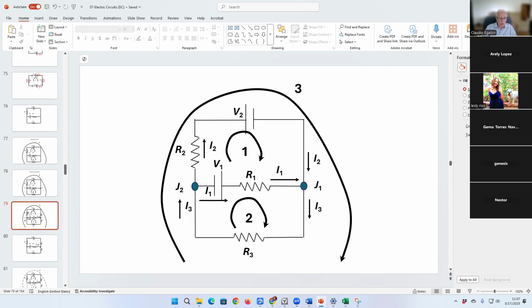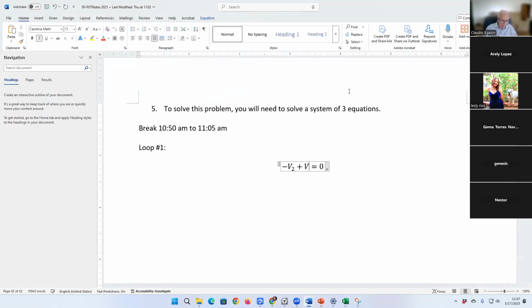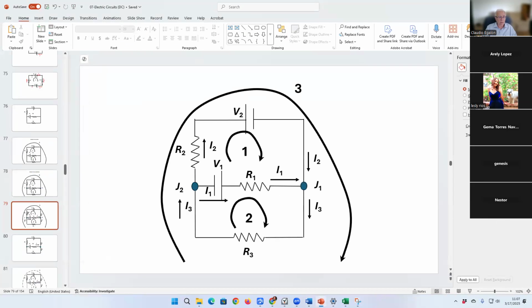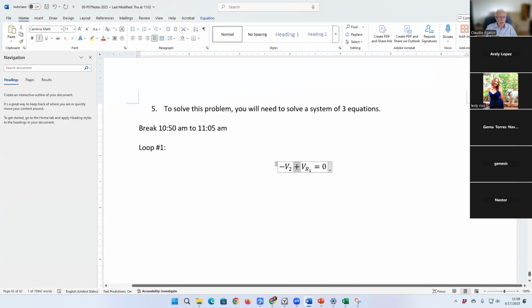So now we're going to have plus VR1, because when we move against the flow of the current across a resistor, we gain electric potential. And here it doesn't matter if you're moving against the current, because you're still going from a higher electric potential to a lower electric potential, so we still lose electric potential.